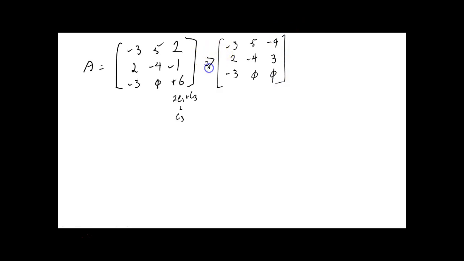Okay? Now, what we'll do now is use the third row and the first column, and we've got it up to a pretty easy situation. Okay, so we're using this minus 3. What is the sign of that position? Plus, minus, plus.